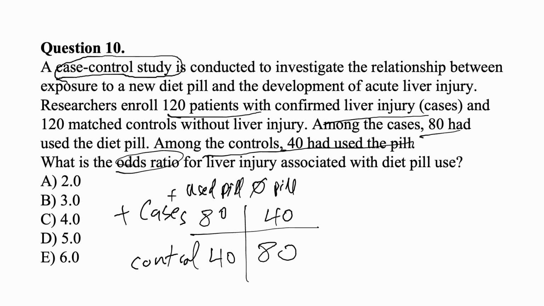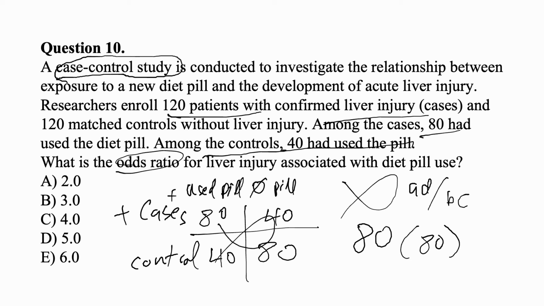So now we need to calculate the odds ratio. And you might remember the odds ratio you can calculate using the kind of fish. So it ends up being AD divided by BC. So we use this fish, so it ends up being 80 times 80 divided by 40 times 40.